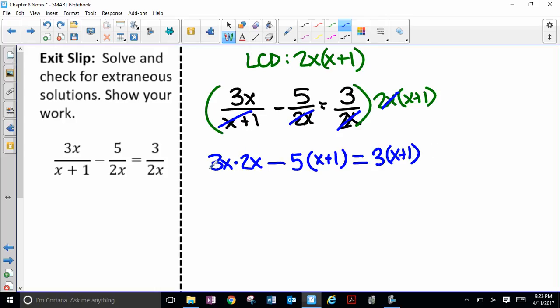So now I just multiply this, which is 6x squared. Distribute negative 5, so minus 5x minus 5. Distribute 3, so 3x plus 3. We have an x squared, so then you need to make a 0 on one side, so we'll minus 3x minus 3.